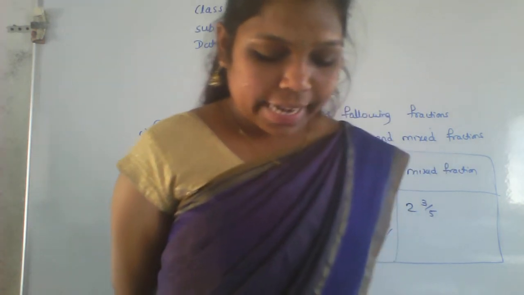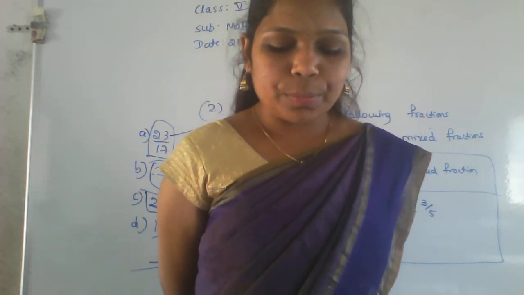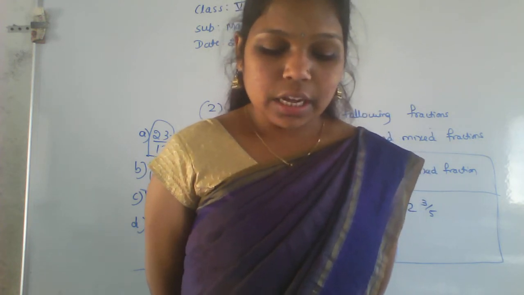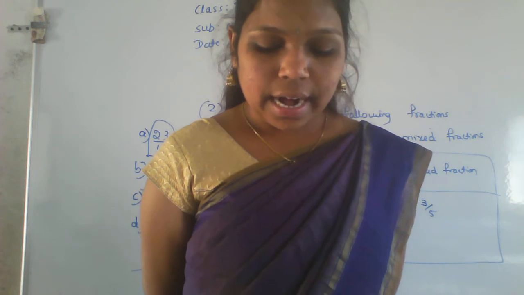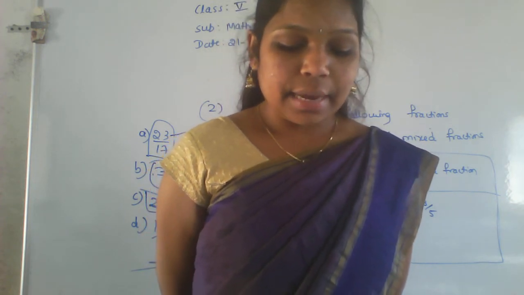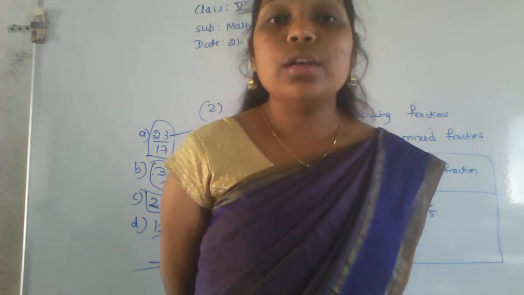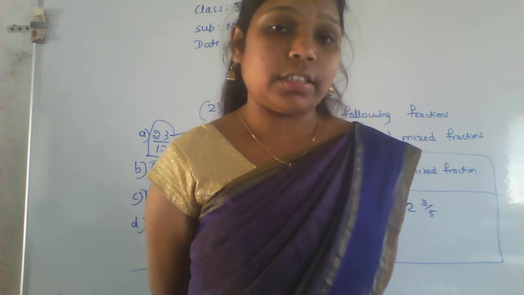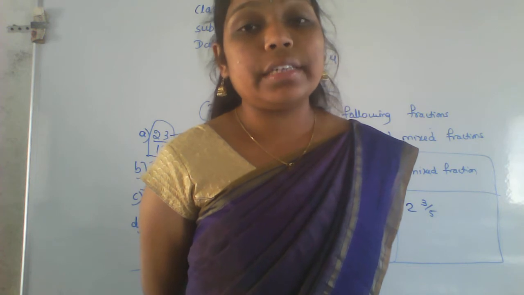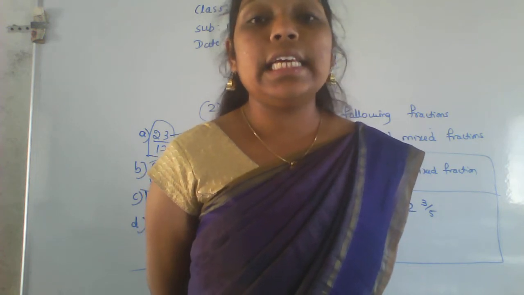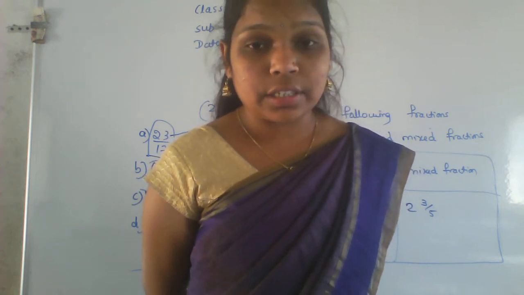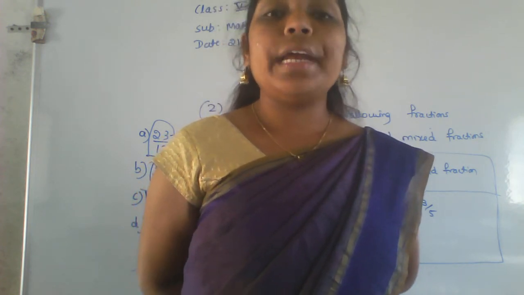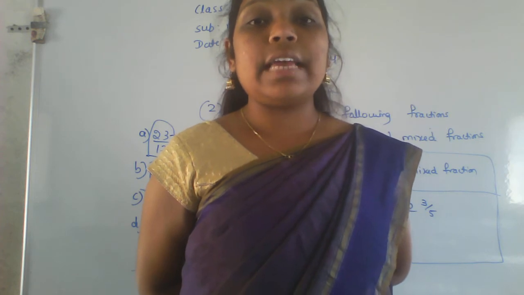Second point: if we want to obtain an equivalent fraction of any fraction, we should multiply the numerator and the denominator by the same number. For example, if the given fraction is 2 by 3, then to write an equivalent fraction we multiply the numerator and denominator by the same value only.